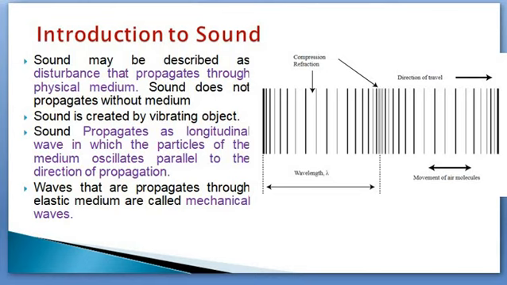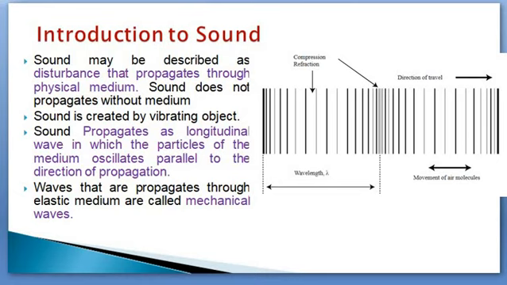Sound is always created by a vibrating object, and sound propagates as a longitudinal wave in which the particles of the medium oscillate parallel to the direction of propagation. Waves that propagate through an elastic medium are called mechanical waves.